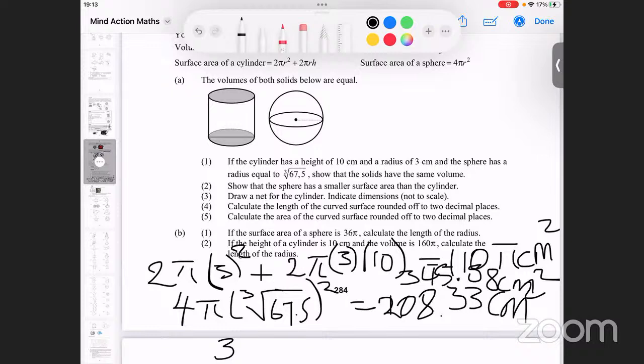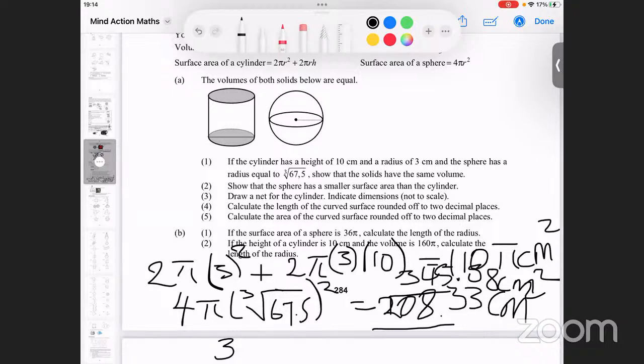So we have literally shown it, because the surface area of the sphere is 208, and 208 is smaller than 345. Do you have any questions? No, ma'am.